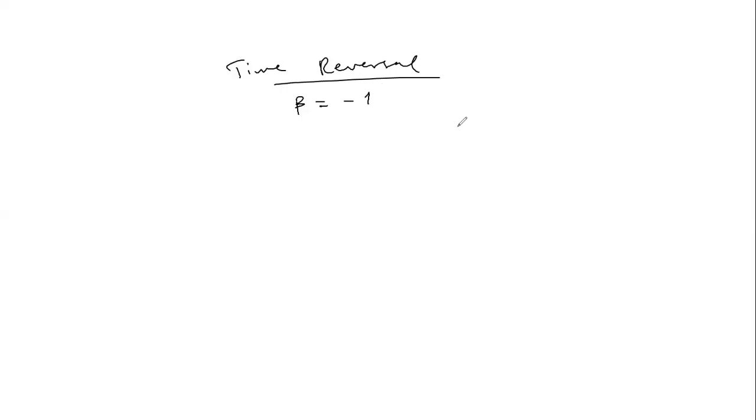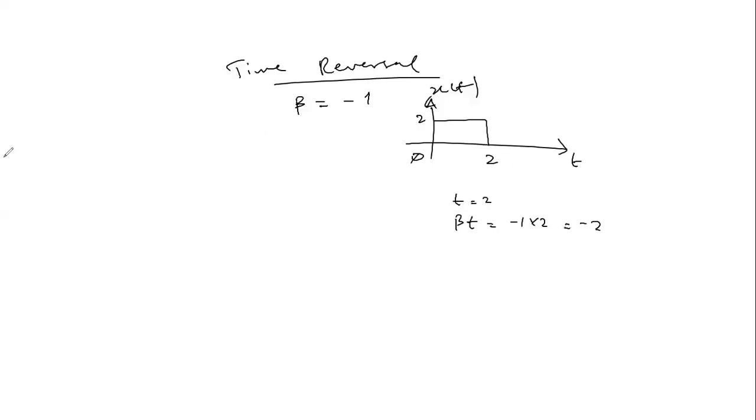So in a situation whereby we had the signal S of t from 0 to 2, now I want to multiply this time scale, t is equal to 2, by beta, where beta is the same as -1, which will be -1 times 2, equal to -2. So it means that I'm going to be having something in this axis.